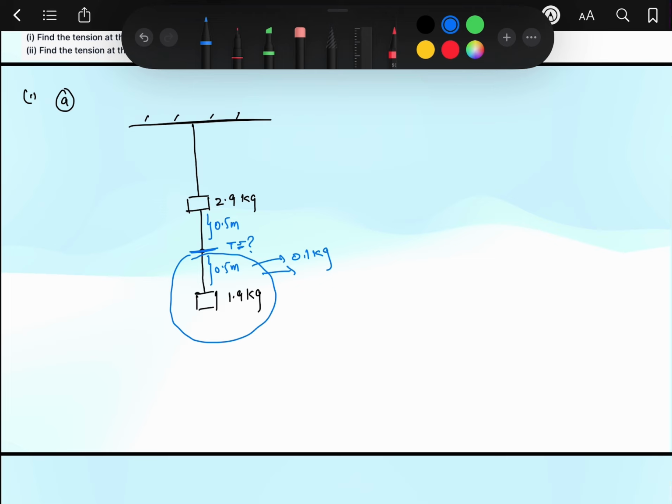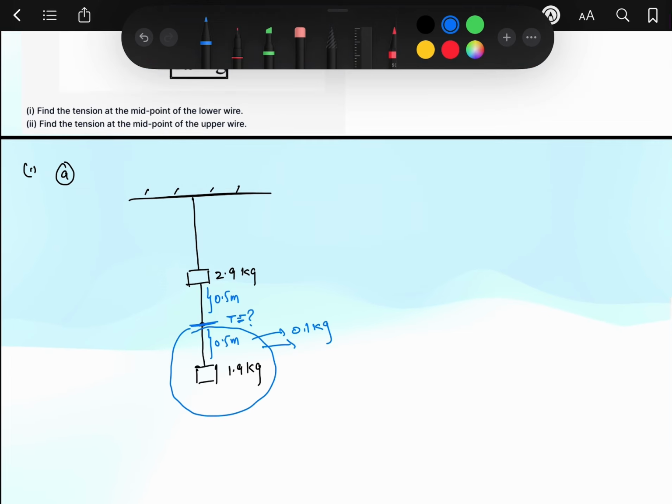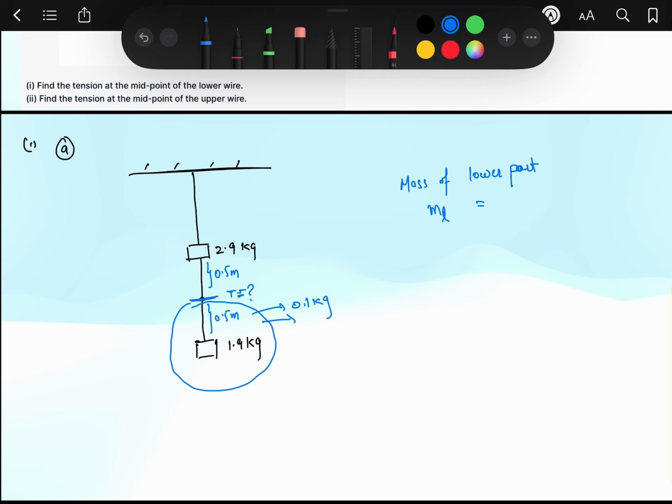So the mass of the lower part, let us denote it with ml, is equal to 1.9 kg plus half of the mass of this wire, that is 0.1. So this total mass is equal to 2 kg.